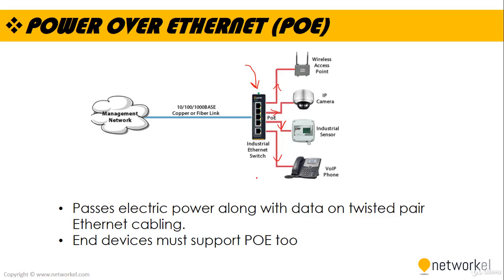If this switch supports PoE and also this VoIP phone, sensor, IP camera, and access point support the PoE feature too, we don't need an extra power cable, we don't need an extra power adapter, we don't need anything else. We can provide the power of these devices by using the twisted pair copper cables.